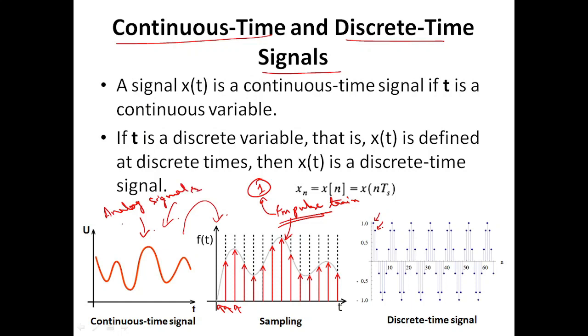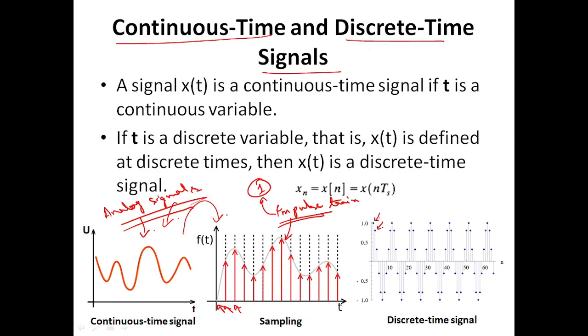In our last class we discussed that analog signals are the signals whose amplitude varies in the range of -infinity to infinity. Even after the discretization, the amplitude of the discrete time signals may vary from -infinity to infinity, and due to this reason, both types of signals are analog signals.